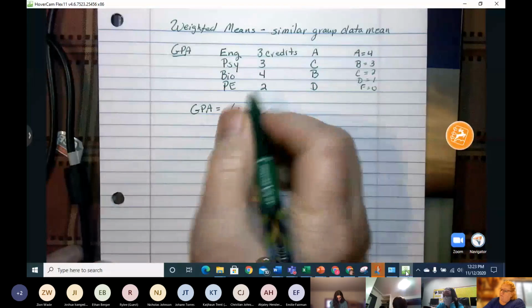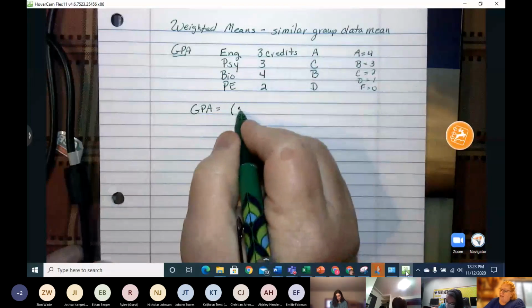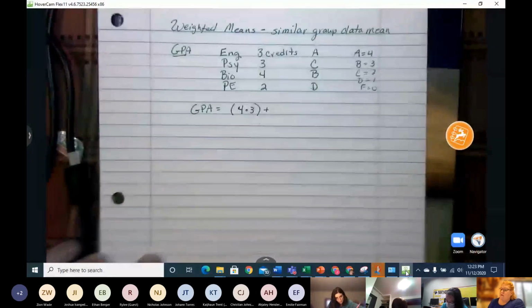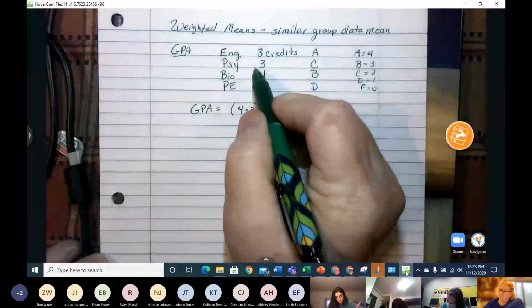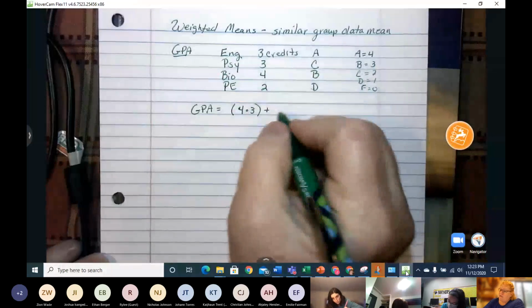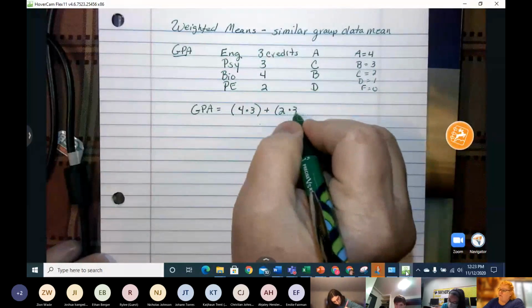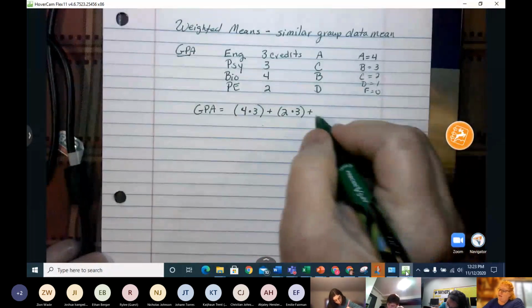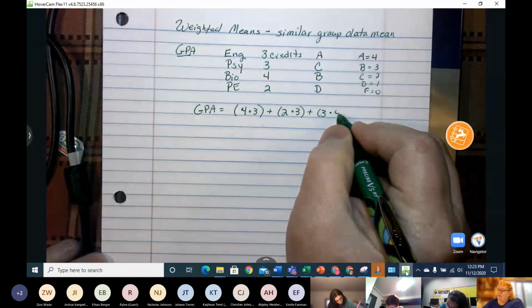So the English with the A would be 4 times 3, plus the psych class, the value of the C was 2 times the credit. The biology, the value of the B was a 3 times the credit.